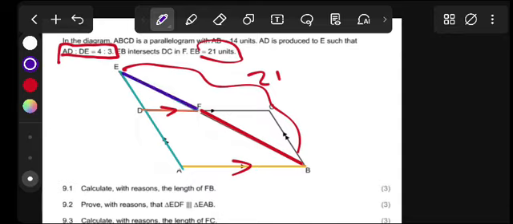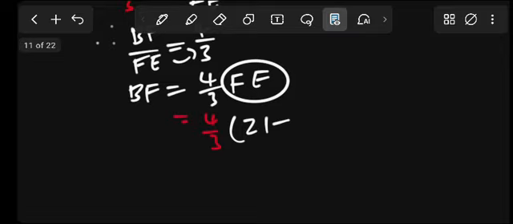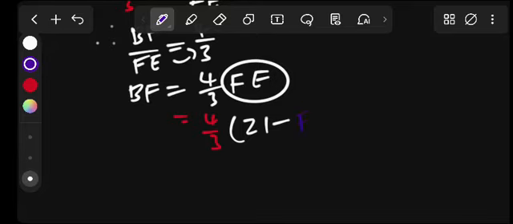This whole length subtract this length, we'll be left with that length. 21 subtract FB. And then we want to get our FB.